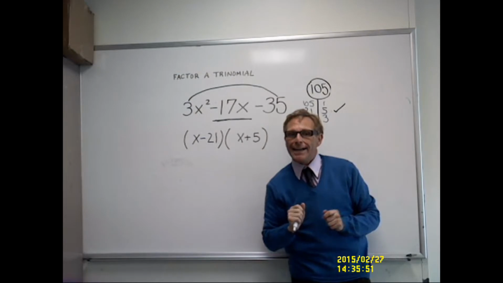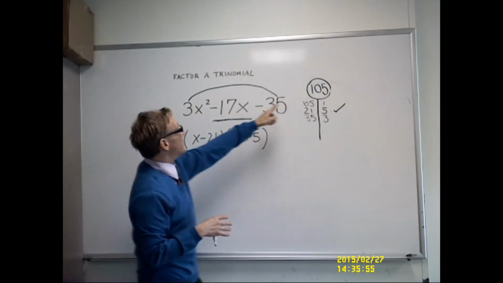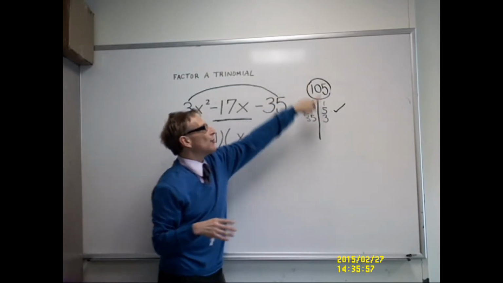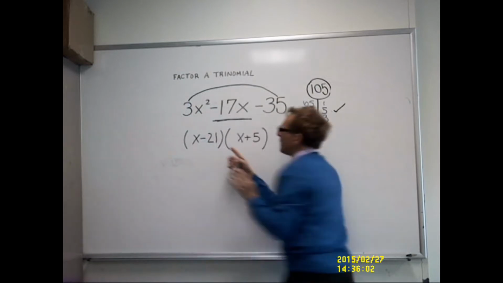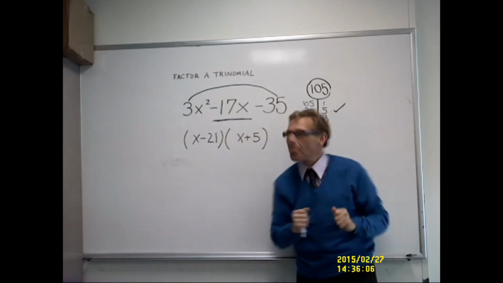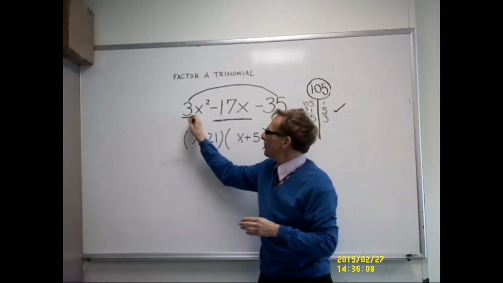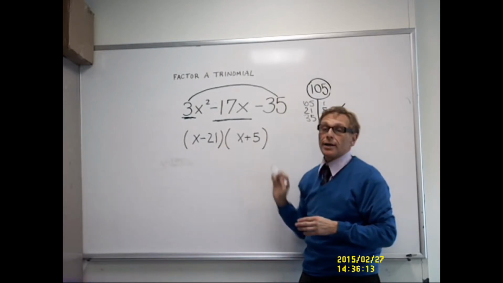But I'm not done yet. I have to now undo this multiplication when I got that target number of 105. So I have to now divide one of these two numbers. And I have to divide the number that can be divisible by 3. And would that be the 5 or the 21?